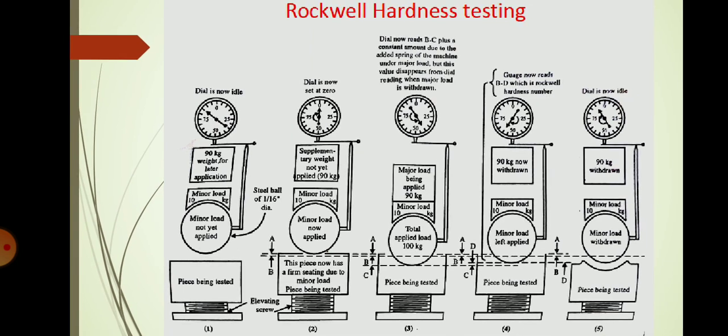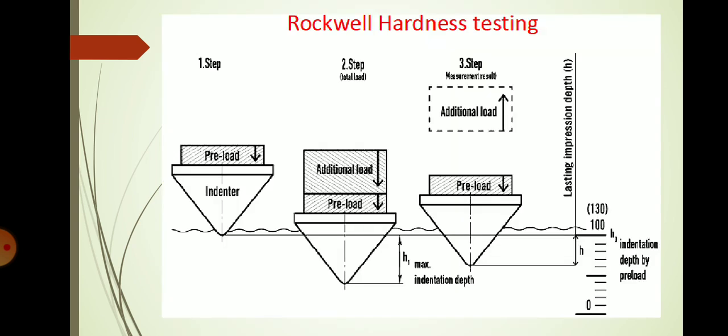The minor load is just applied for firm fitting of the ball indenter inside the specimen. The difference between the indentation after removing the major load and with the minor load is distance BD, and that distance BD is represented by the pointer, which gives you directly the hardness reading in Rockwell hardness testing.